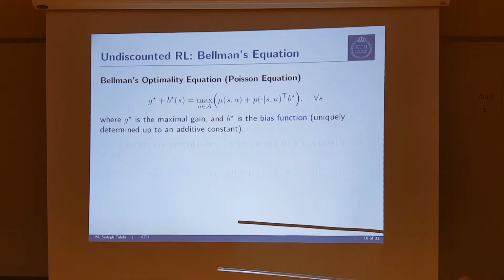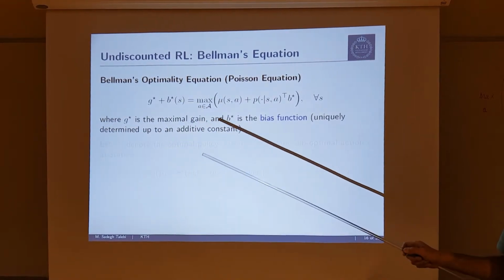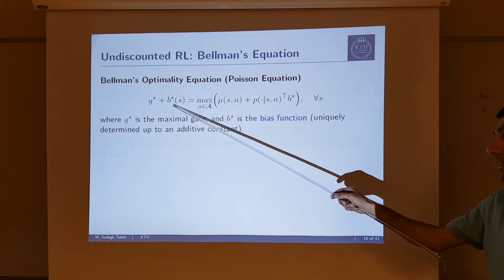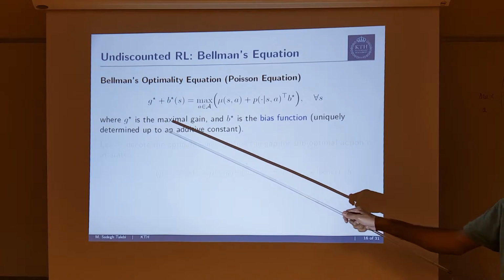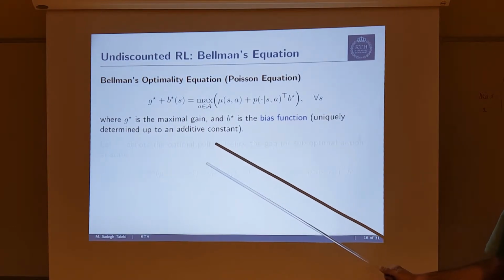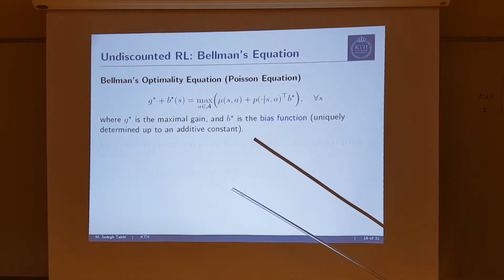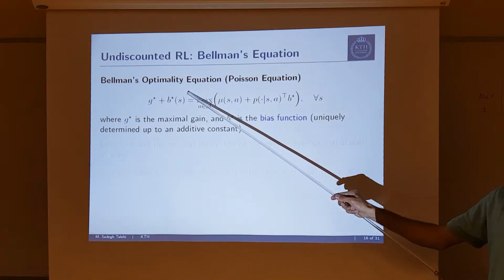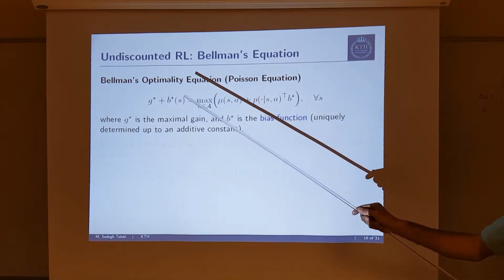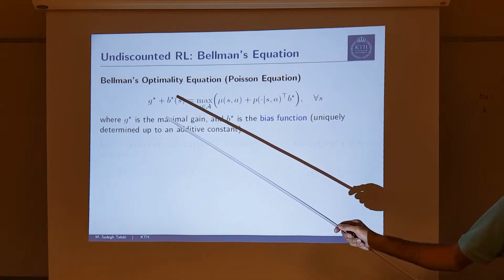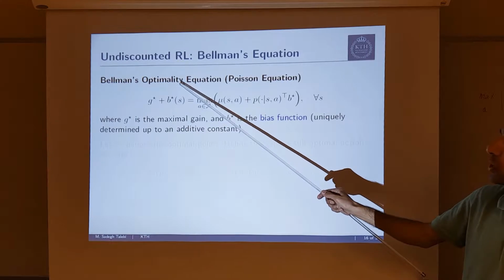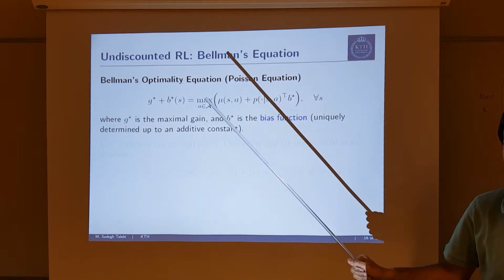So G star here is the maximal gain, and this bias function can be computed up to an additive constant. Because if I give you a bias function V star, and you plug in V star plus C, where C is a constant, the equation holds. So this bias function can be determined up to a constant.